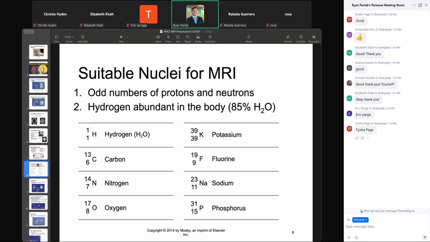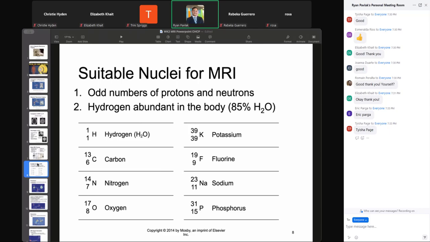Now, if you end up going into research, it is worth knowing that it's not just hydrogen that we can look at. We can look at carbon, nitrogen, oxygen, potassium, fluoride, sodium, phosphorus. So as long as that element has an odd number of protons and neutrons, we can take a look at it. Now, obviously hydrogen is our gold standard, right?